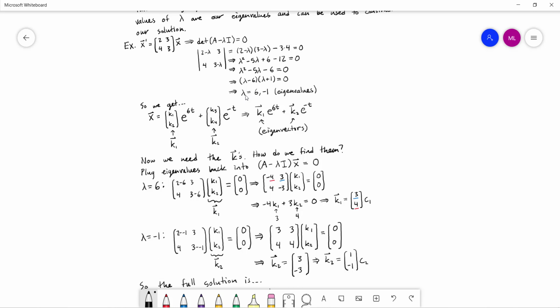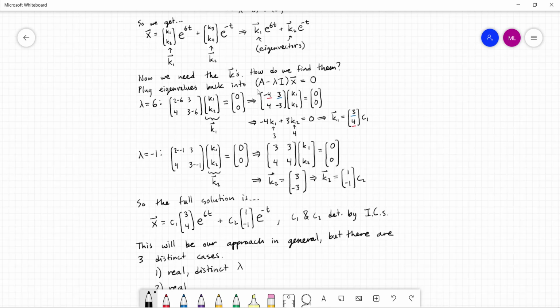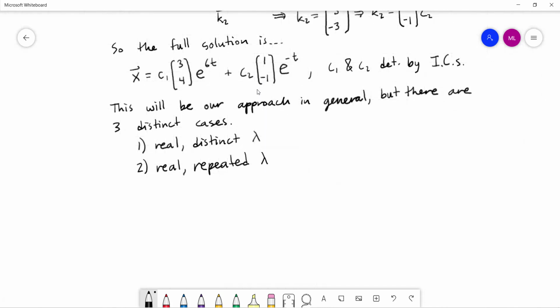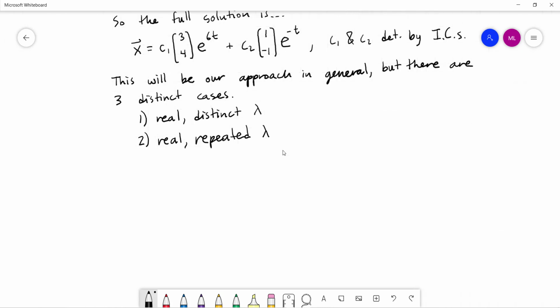But we basically had ones where we got real distinct values. If we get a repeated value, so the real repeated case, remember in the real repeated case, we'd have an e to the lambda t term, and then the other one we'd pick up an extra factor of t, so it'd be t e to that same lambda t term. And that's what this is going to look like. And then the last case is if we get complex conjugate values.